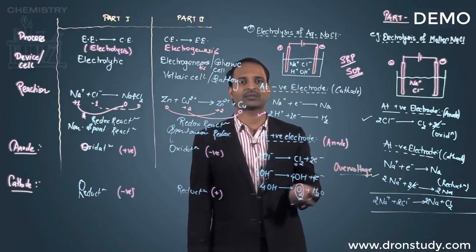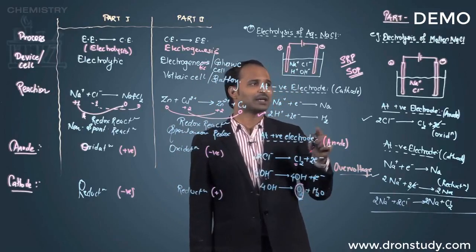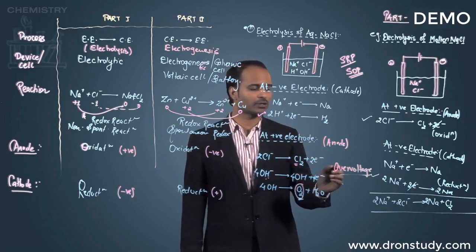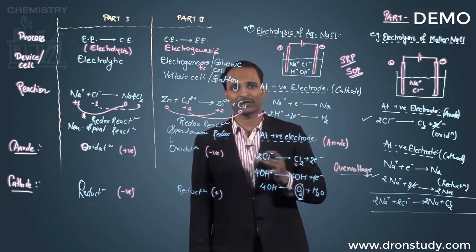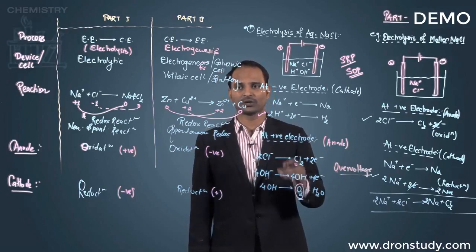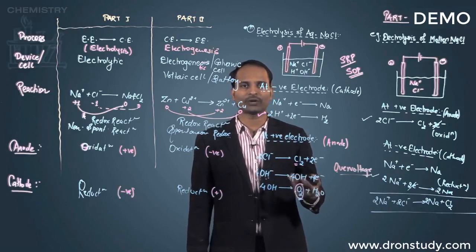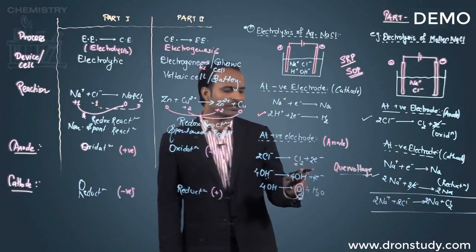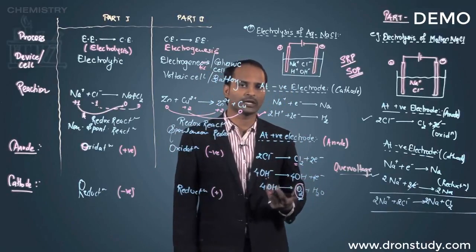Due to this, the effective SOP value of OH- becomes lower than the SOP value of chlorine. So because of overvoltage, that is the requirement of extra potential, ultimately instead of getting oxygen from the OH- ion, we get chlorine.